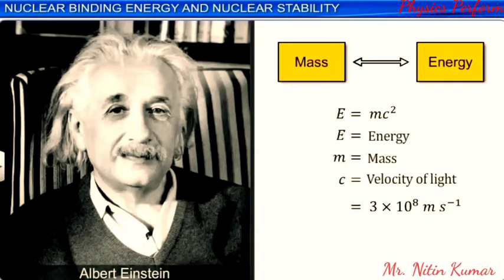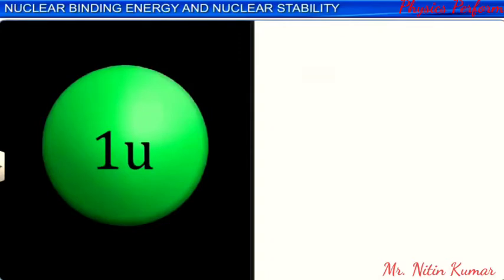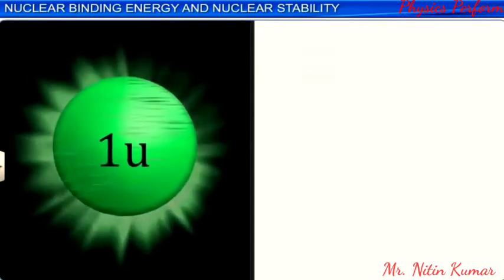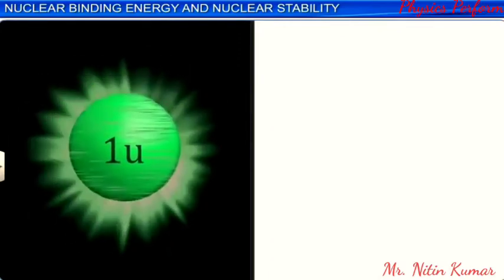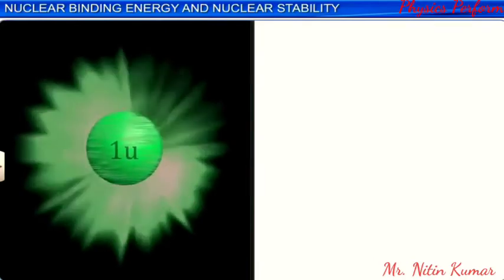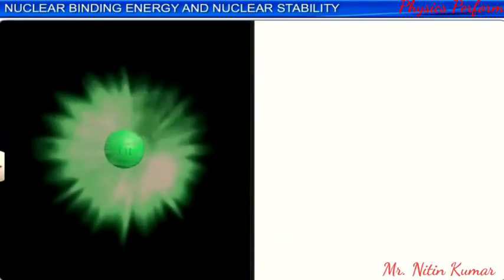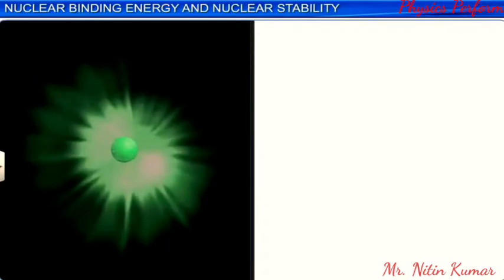Let us now look at how much energy is released when one atomic mass unit of mass is completely destroyed. We know that the energy E released during this process is given by E equals mc squared.